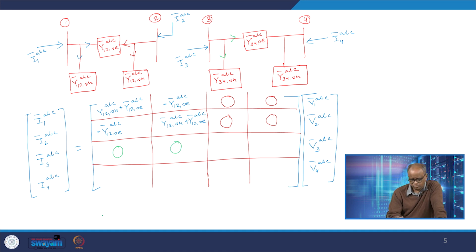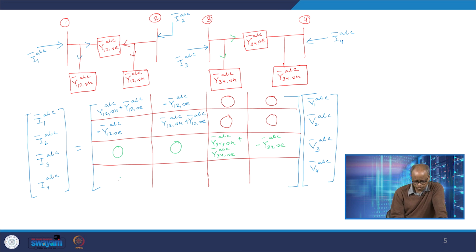And for bus 3 it would be y34 shunt ABC plus y34 series ABC, and it is minus y34 series ABC.